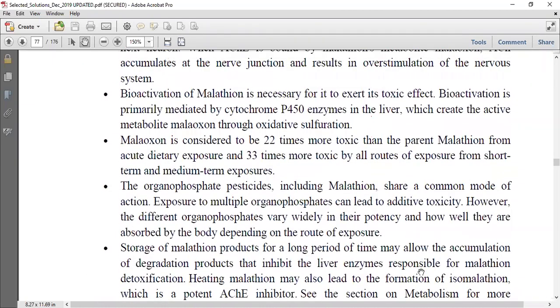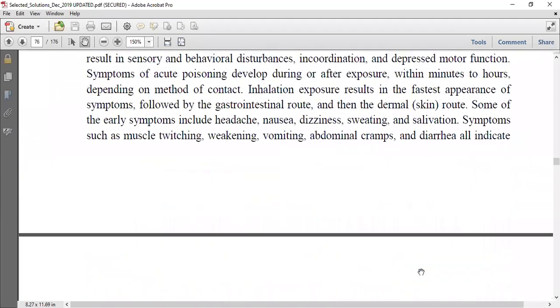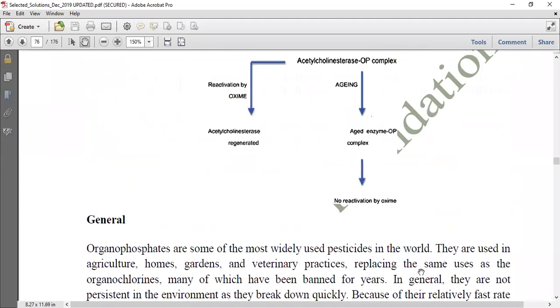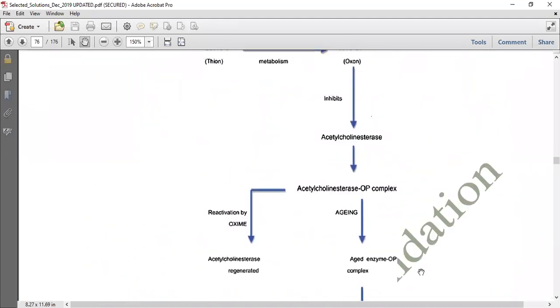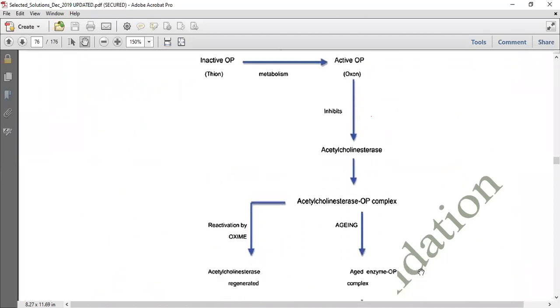We have given the whole mechanism there, that they kill by inhibiting the acetylcholinesterase, right? You can see here they inhibit the acetylcholinesterase and then kill. So this is the whole mechanism.